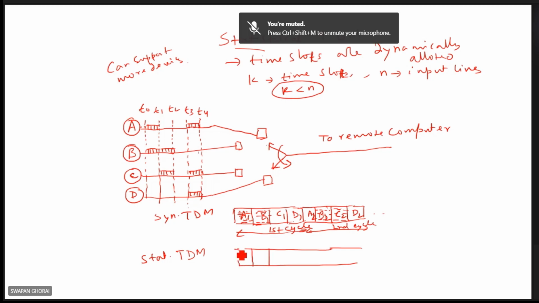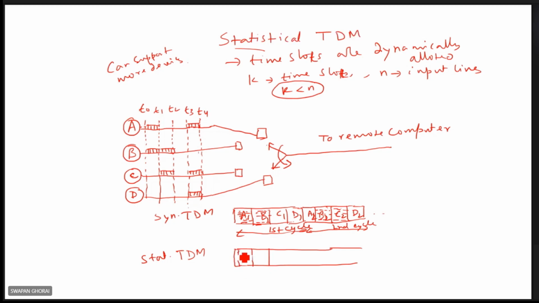But here you see some overhead will be there for each source. So this is A1, B1, the field data, B1. So this is for the first cycle.